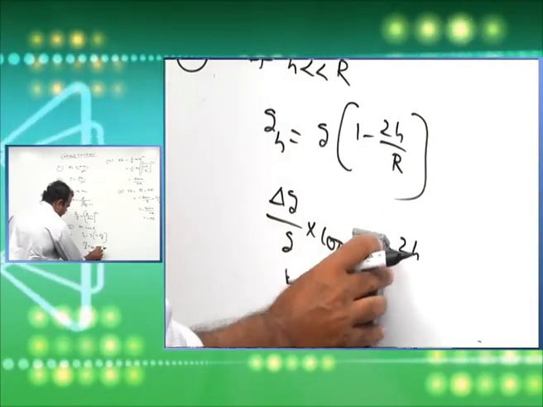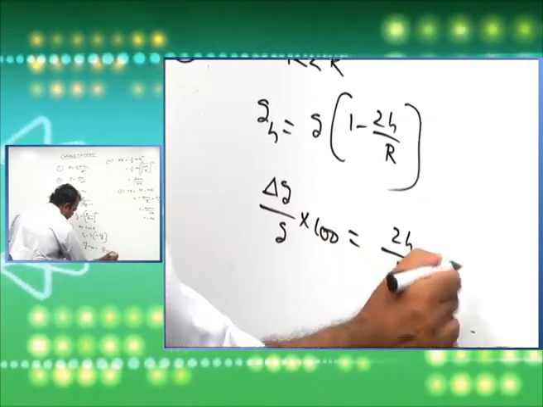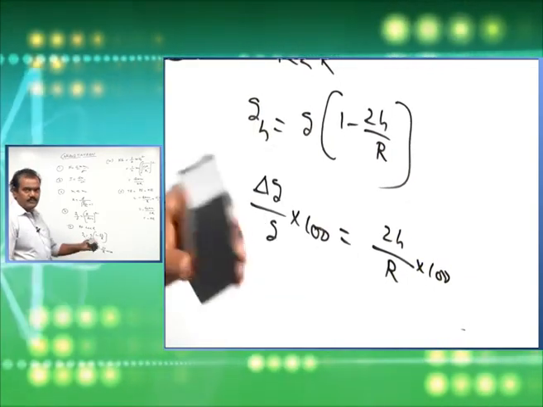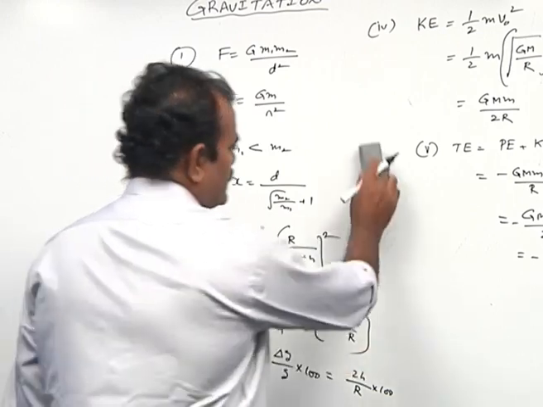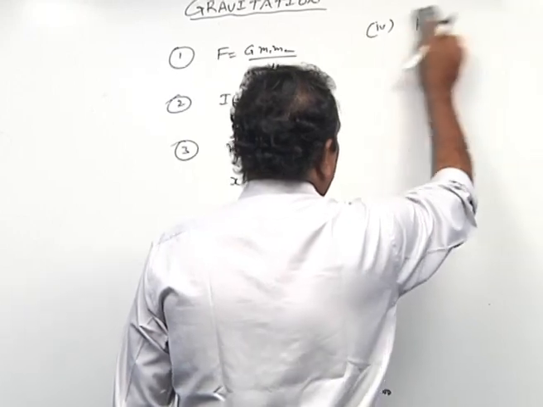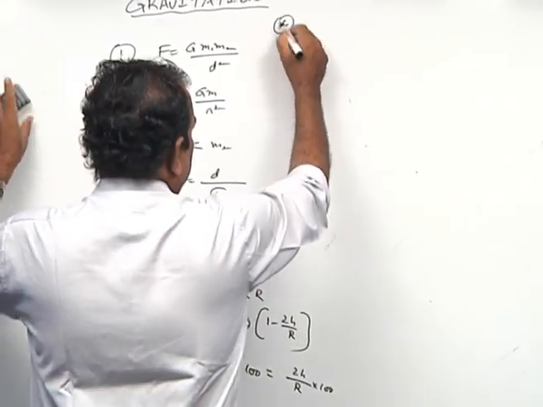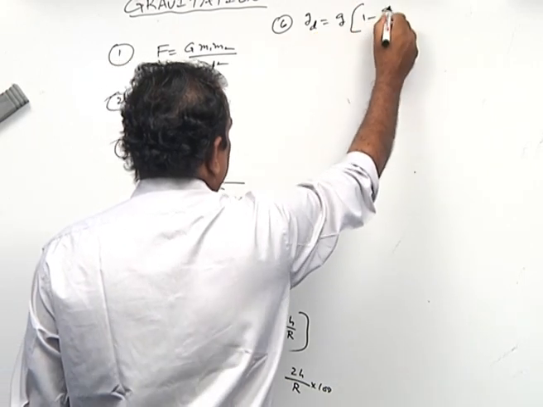You need not take that minus. So 2h by R into 100 is the percentage decrease in small g when the body is taken to smaller heights only. Thereafter it is the sixth formula, when the body is taken to depth: gd is equal to small g into (1 minus d by R).